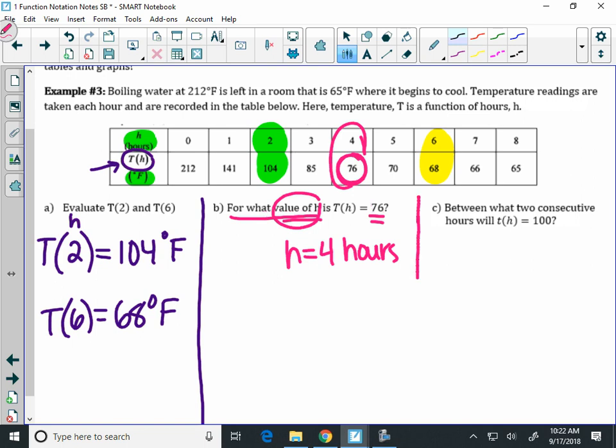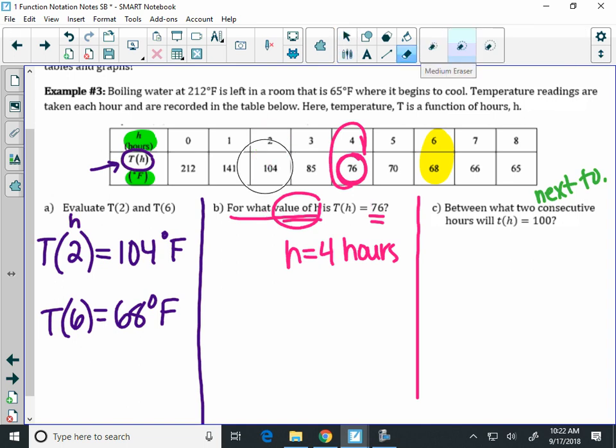And finally, it says between what two consecutive hours, consecutive means two numbers that are next to each other, will the temperature be 100 degrees? Well, let's look at our table here. My temperature starts at 212 over here and goes down.